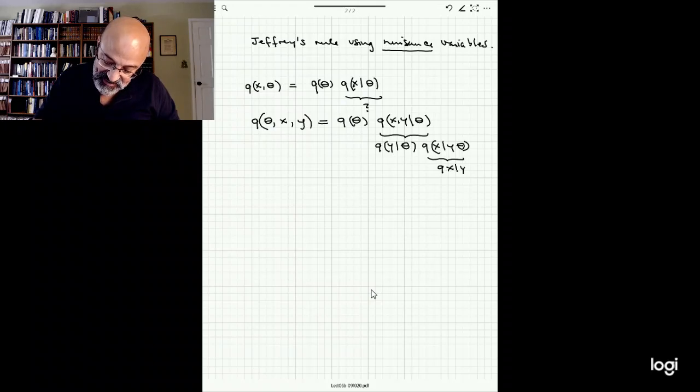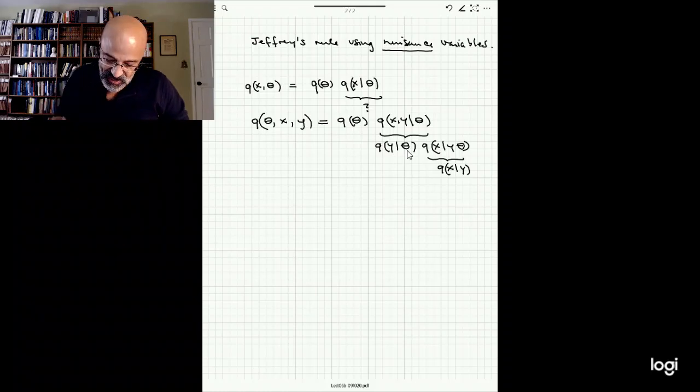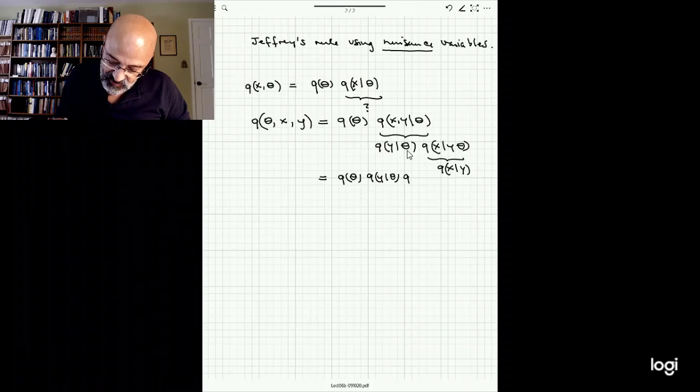This is the interesting case where the quantity x does not depend on theta. The quantity x is related to y, and y is connected to theta. So under these circumstances, the joint distribution is q(theta) q(y | theta) q(x | y).